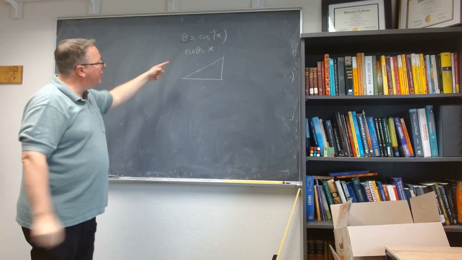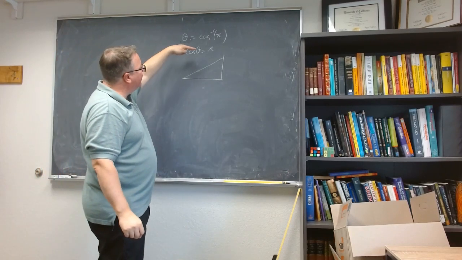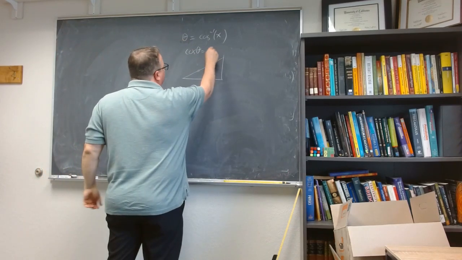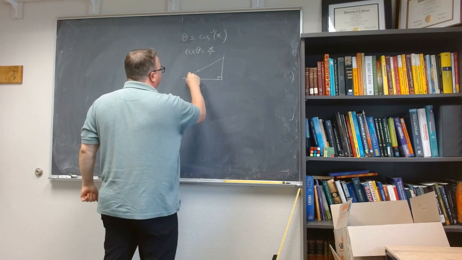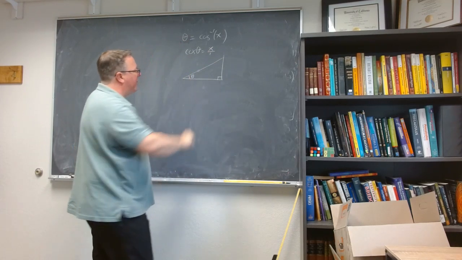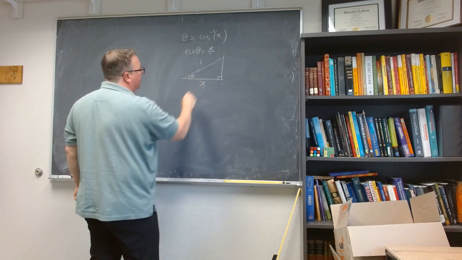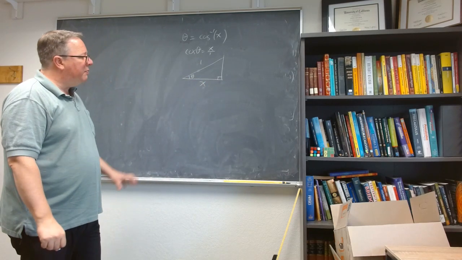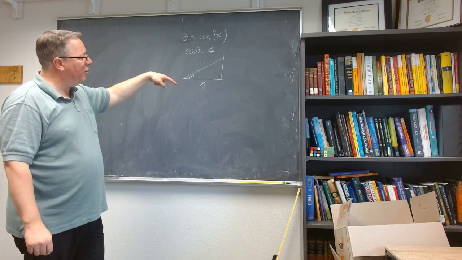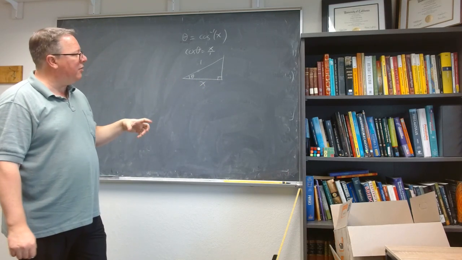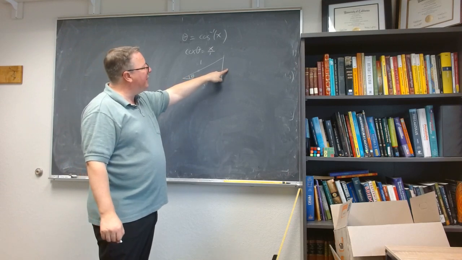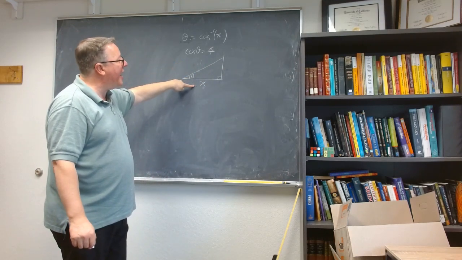And remember, cosine means x over 1. So this is going to mean that if I have my angle theta right here, I have my right angle triangle, the length of the hypotenuse is 1, this is going to be x. Because we have a right angle triangle, we can use the Pythagorean theorem to find the length of this side in terms of 1 and x.